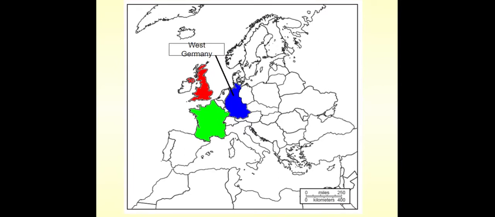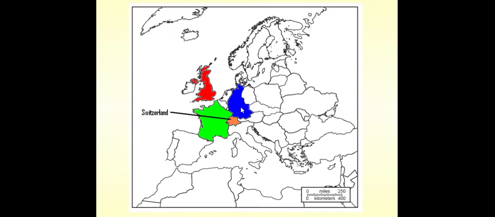This used to be Germany, okay? Notice that Germany is now divided. Now, it was divided into 4 sections at the end of World War II, but 3 of those sections are going to combine and form West Germany, okay? There's West Germany. And then right next door, well, hold on, we'll get there in a second, but right here in the center, okay, this is Switzerland. All right. Then we got Italy, the boot right there.